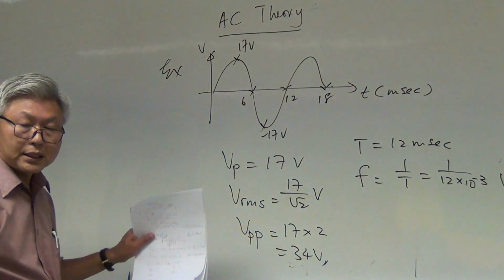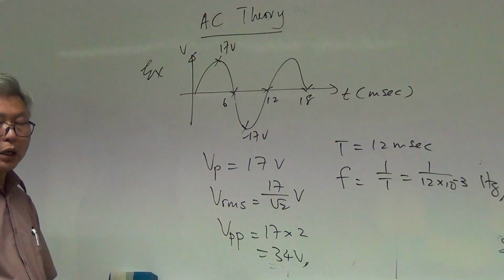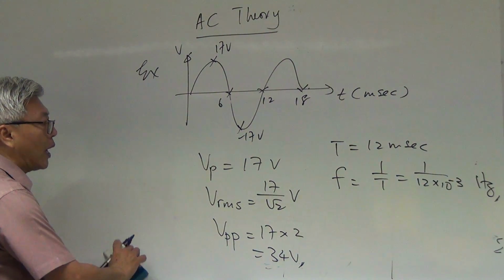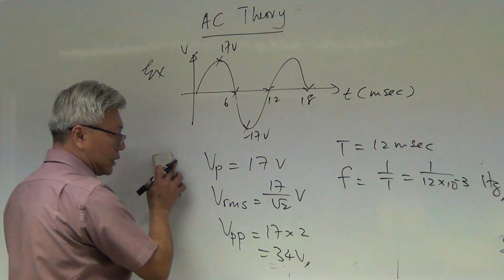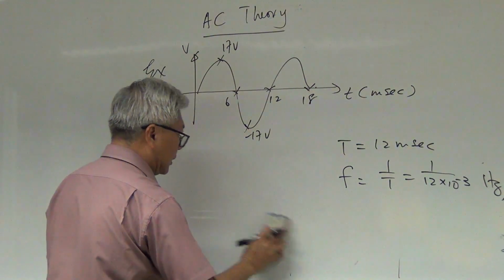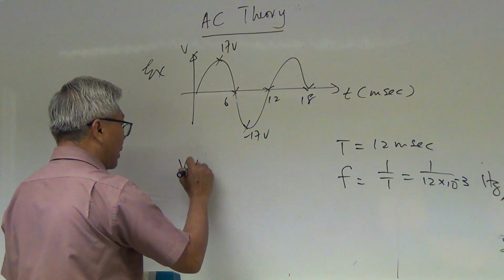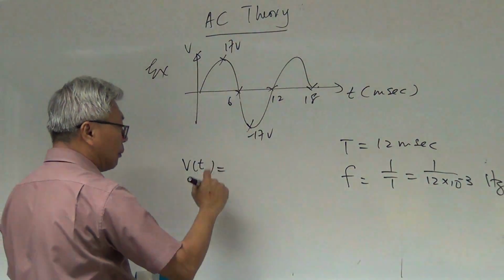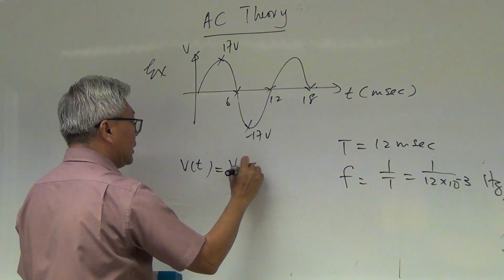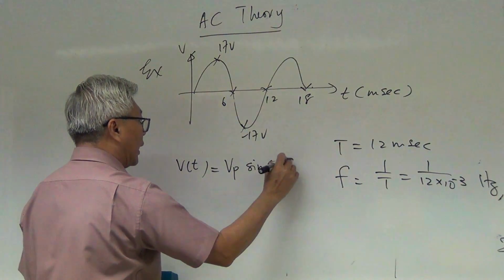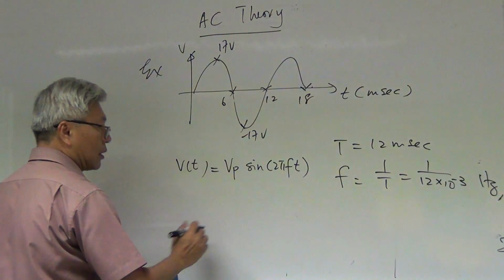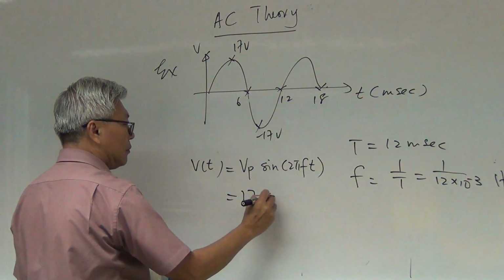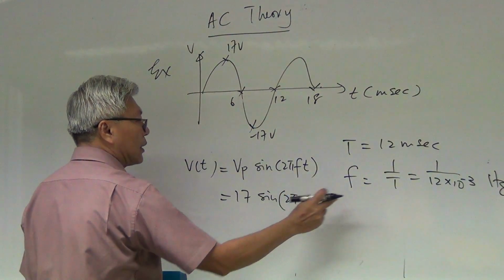So that is called sinusoidal. I give it to you, and you get the parameters from a sine wave. Now, if I were to ask you to convert this into the sinusoidal expression for me, make this into this for me, you know that the formula is Vp sine 2 pi ft, right? So therefore, what is the peak value? It's 17 sine 2 pi, what's my f?